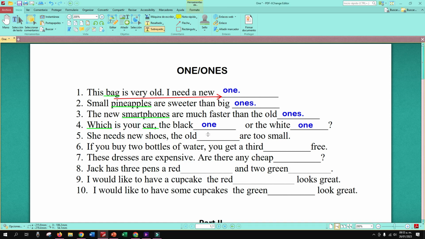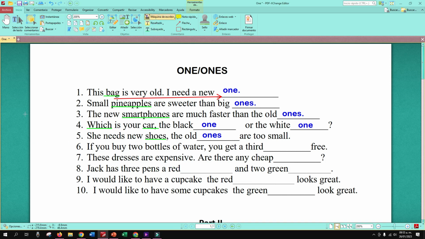The black one or the white one? Perfect. Five. She needs new shoes. The old ones. Why ones? Because we talk about shoes. Shoes, right? And shoes, that is plural. Perfect. So the old ones are too small.